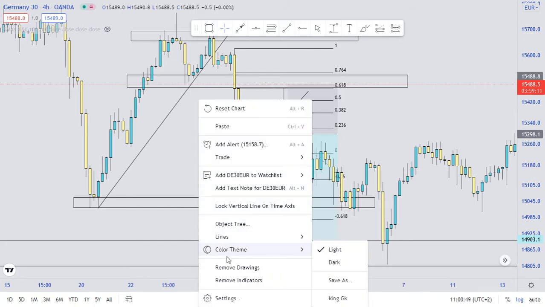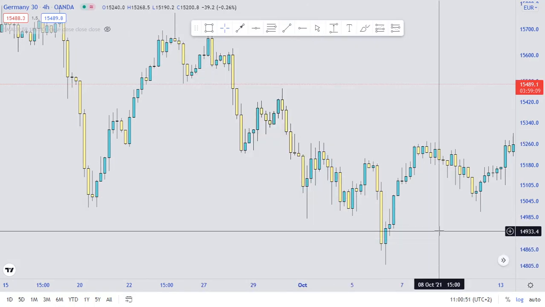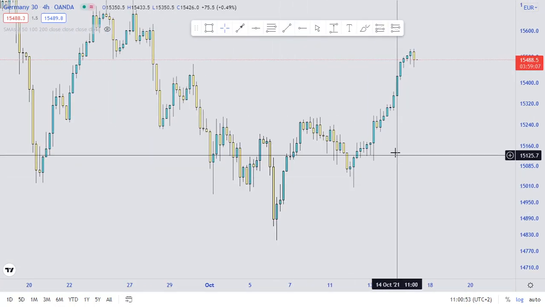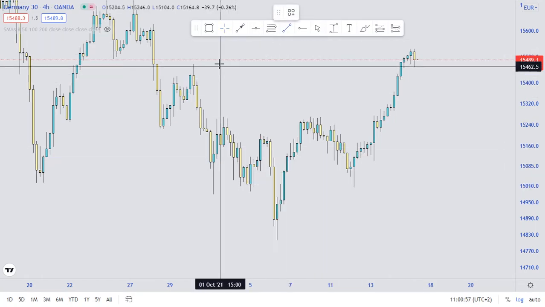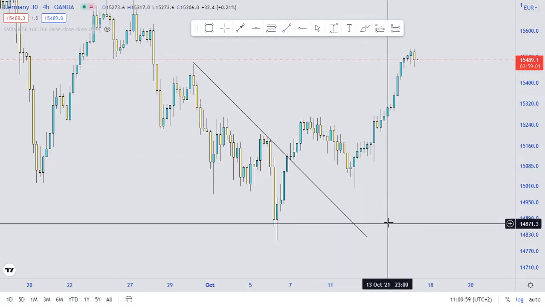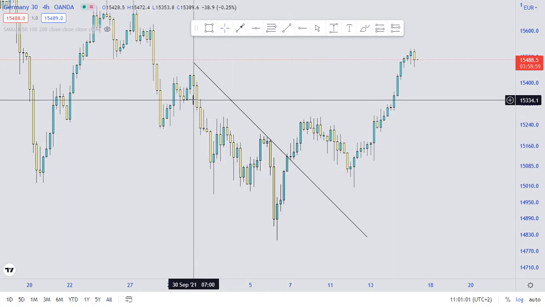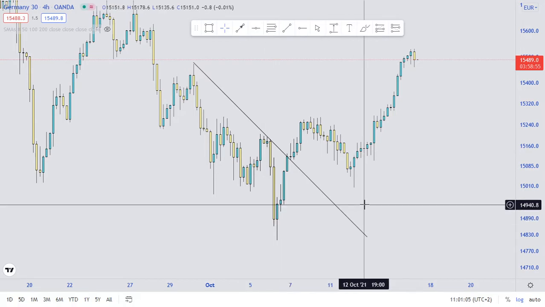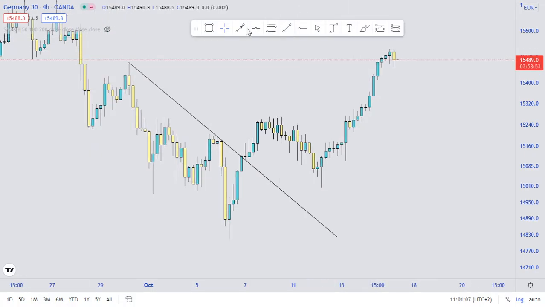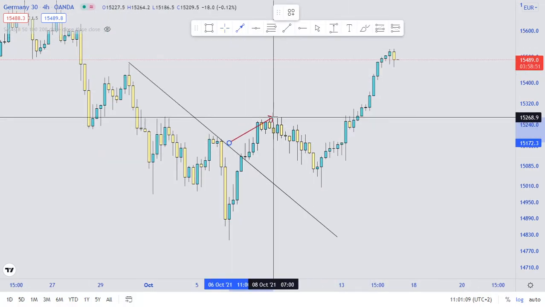So let's continue on, right? So now you guys can see that we don't have a box range right here, but what we can see that price did come to the downside, right? Create lower lows and higher lows, right? We can see that price did create this low, but what we can see now is that price did create the new higher high.